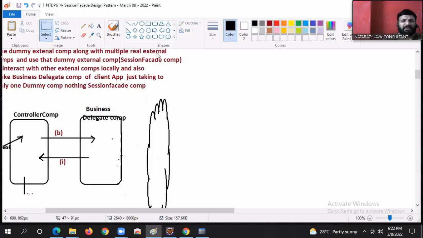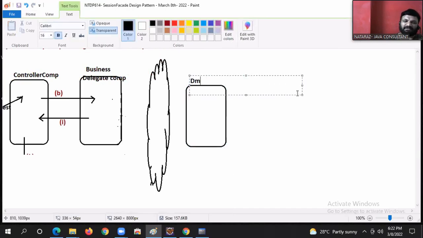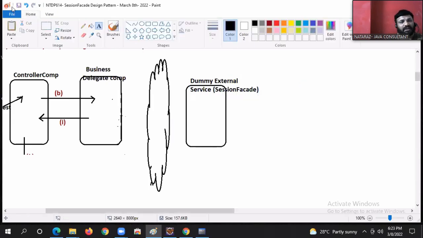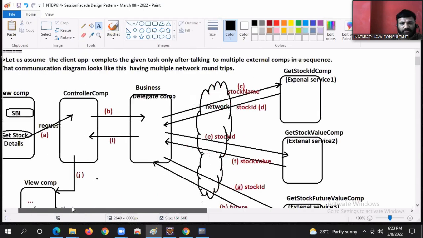Nice. Tell me, what is that? This is my dummy component. Dummy external service, guys. Nothing but SessionFacade.